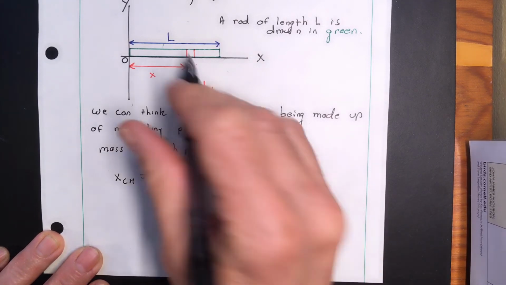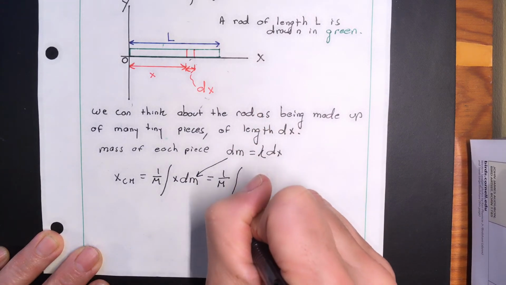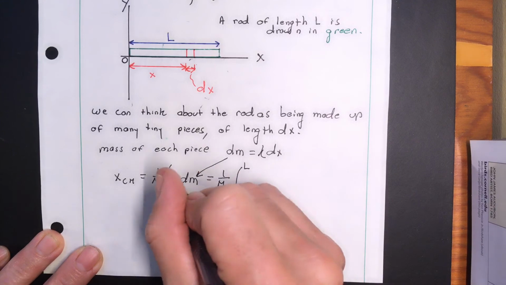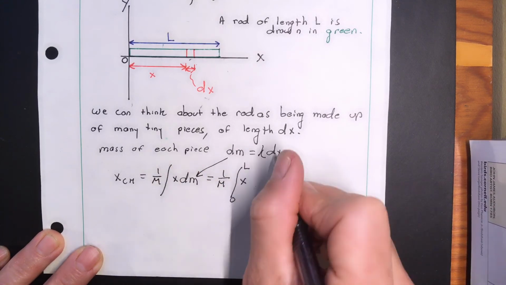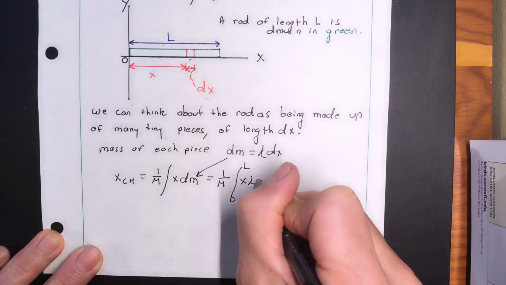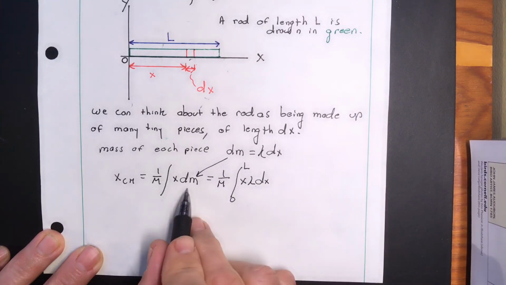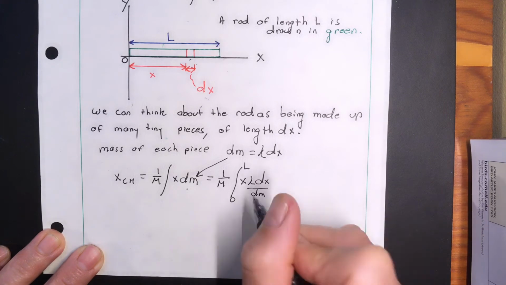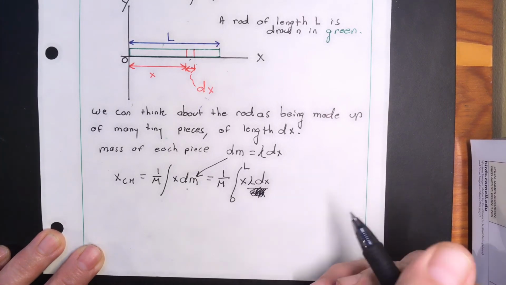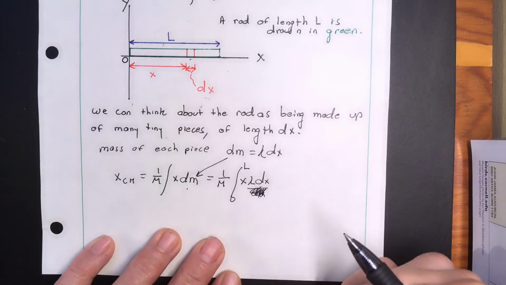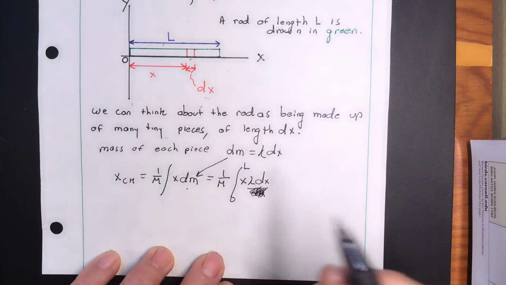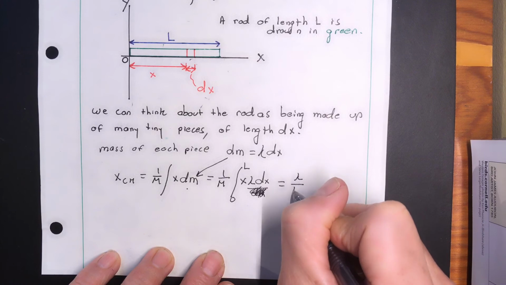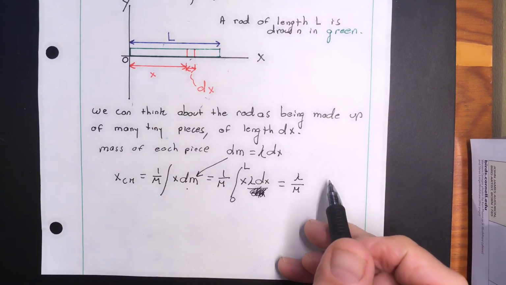And this integral is over the whole length of the rod, so it goes from 0 to L. The x is still there. Now dm is lambda dx, so we put that in for dm. Okay, don't want to leave dm in there because that'll get confusing. Bring out the lambda and the m because they're both constants.